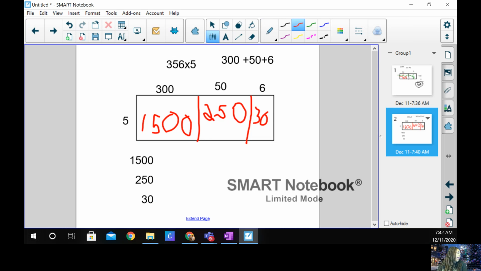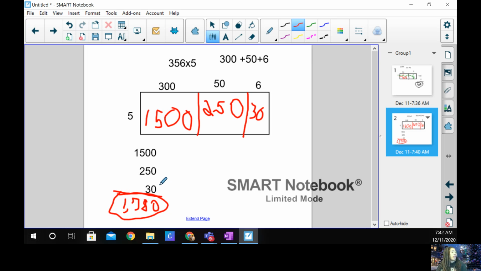And again, we add that all up. 0 all the way down. 5 plus 3 is 8. 5 plus 2 is 7. And 1. Our answer is 1,780 for that one.